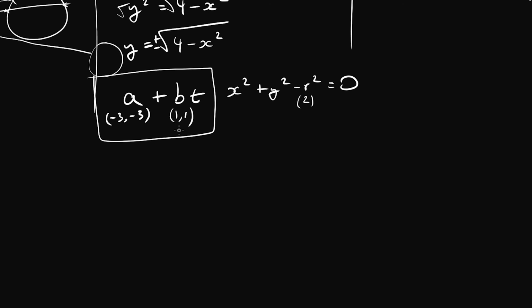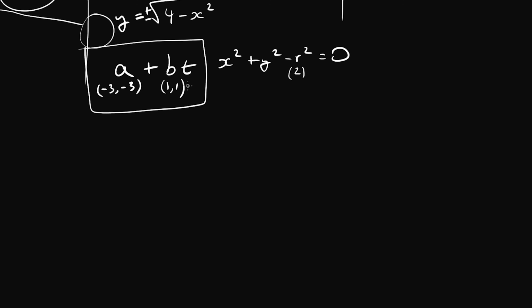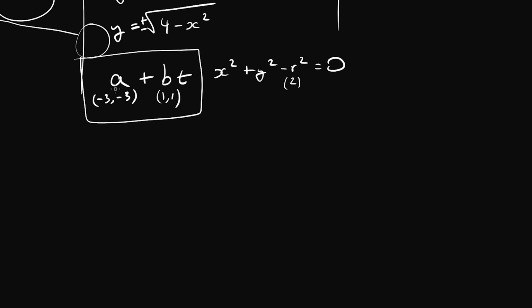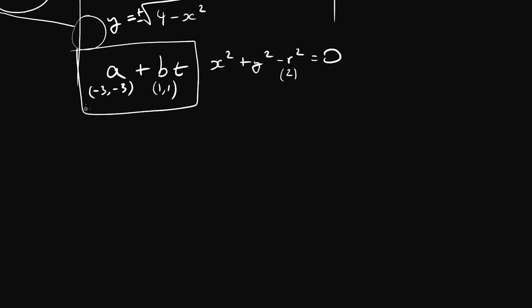So how do we actually do this? Well, we're simply going to just solve this equation, and we're going to do so by using the powers of substitution to begin with. So the first thing we're going to do is a, of course, has 2 components, x and y. B also has 2 components, x and y. So what we're actually going to do is write this per axis, per dimension. So in other words, this equation splits up into 2, where we have ax plus bxt, and then also ay plus byt, right?